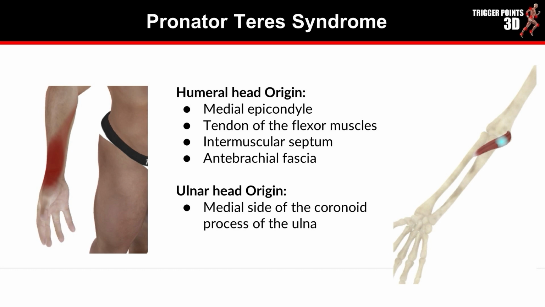So there are two distinct heads that both have the same function, and you can see for yourself, if you have fixed the ulna and the humerus and you contract the pronator teres muscle, you're going to roll the radius over and medially to the ulna, and you'll pronate the forearm, the wrist, and then the hand.